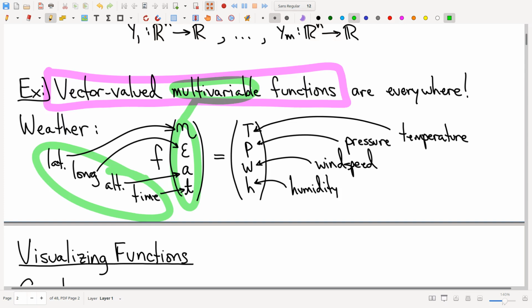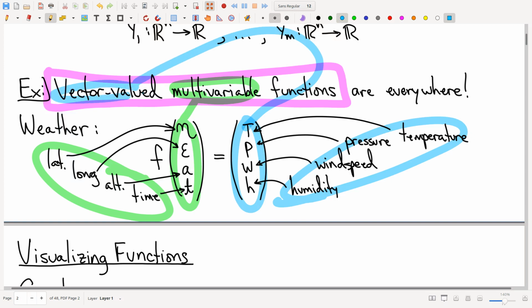The weather's very different at 10,000 feet than it is here. Vector valued, because when you talk about the weather, there's a lot of things to talk about: temperature, barometric pressure, and so on. So don't think of vector valued multivariable functions as niche, rare things that don't come up in the real world. They're all over the place.